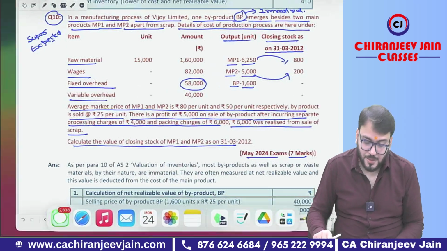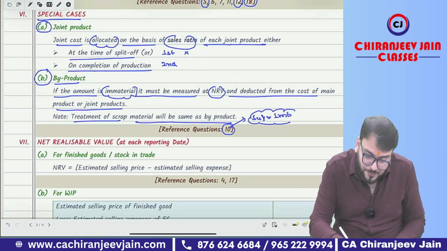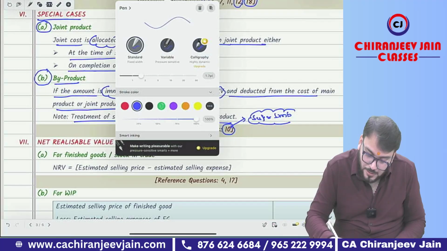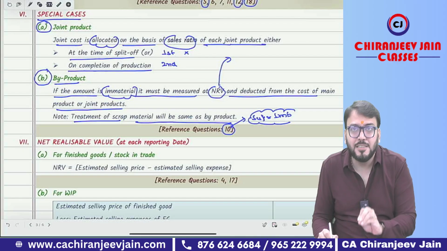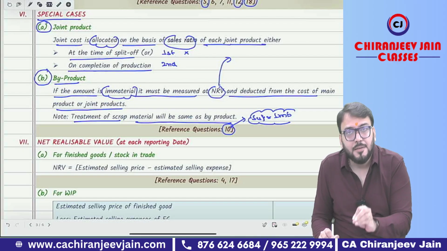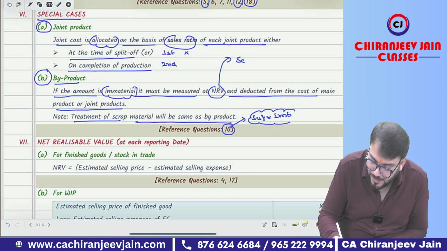Got this point? It means first we need to calculate NRV. So how to calculate NRV of byproduct? NRV of byproduct is nothing but expected sale price minus expected selling expense. Means you need to find out the sale price, and from that deduct selling expense.